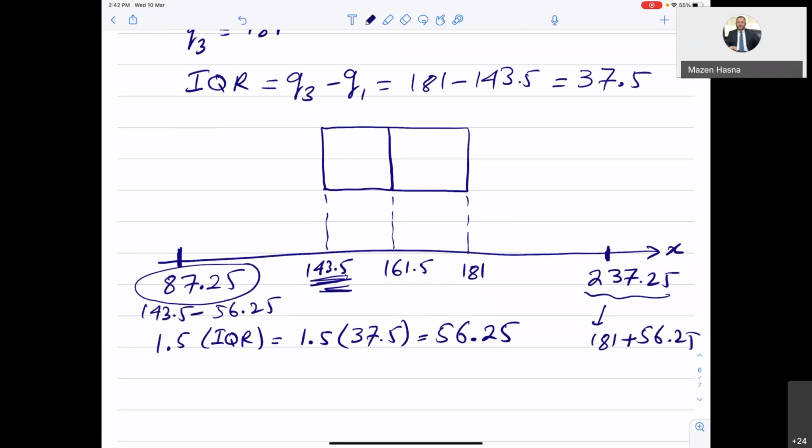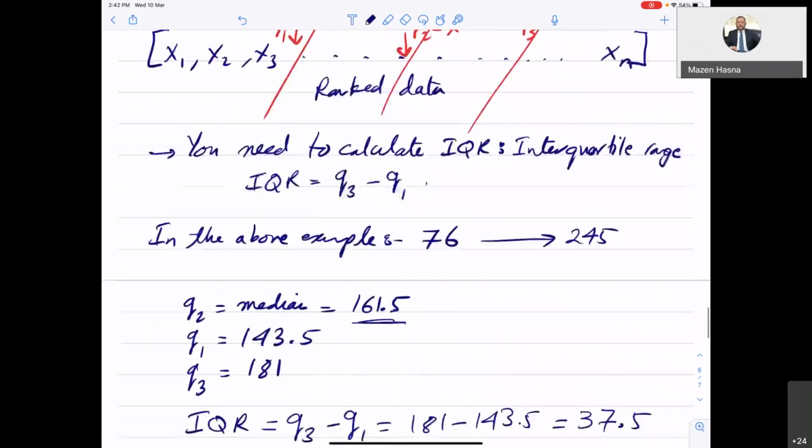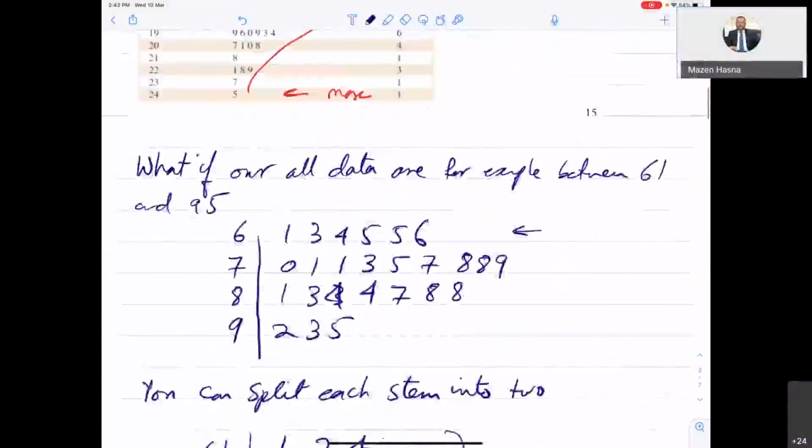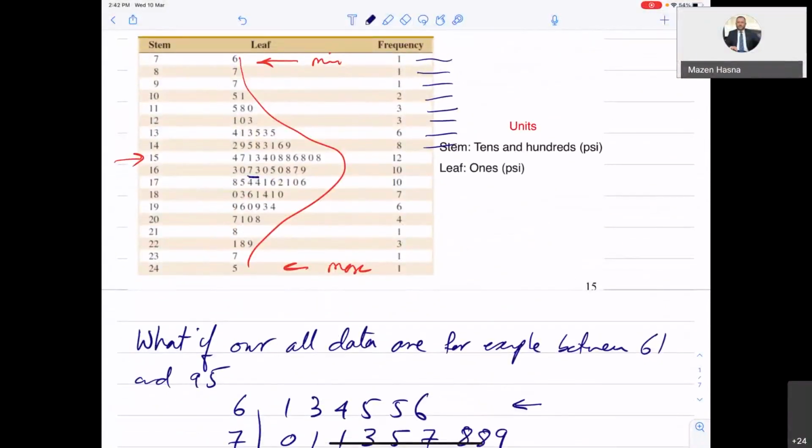Now we need to see what's the largest point that is less than 237.25. The largest point less than 237 is 237, right?